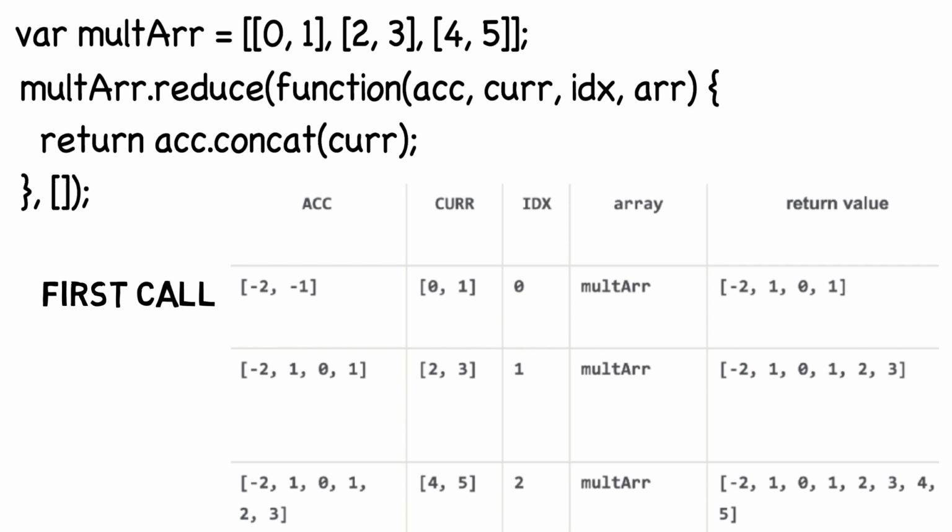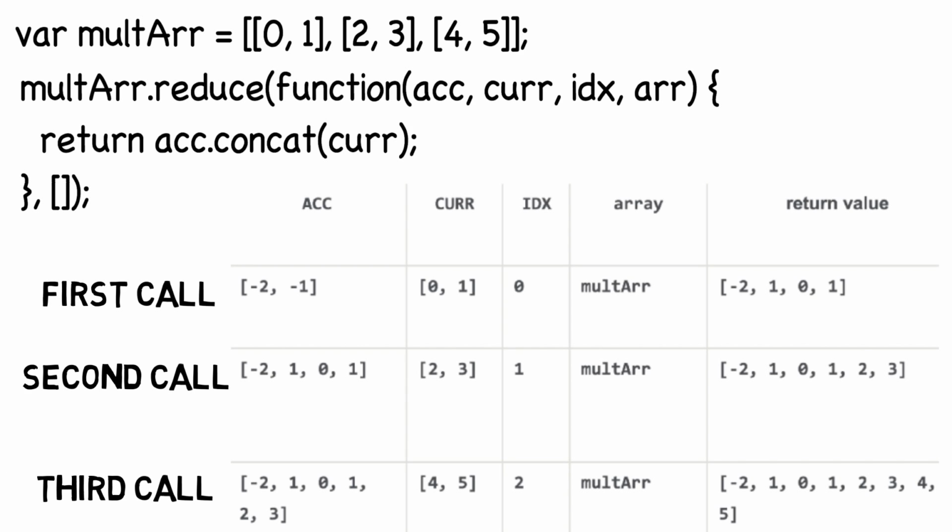When we repeat the process with an accumulator value of an array of -2, -1, 0, and 1 at index 1, with an array of values 2 and 3, and we concat this onto the end of the array for our new return value, we have an array of -2, -1, 0, 1, 2, and 3. We repeat this process one more time, returning a final value of a single array with the elements of -2, -1, 0, 1, 2, 3, 4, and 5.